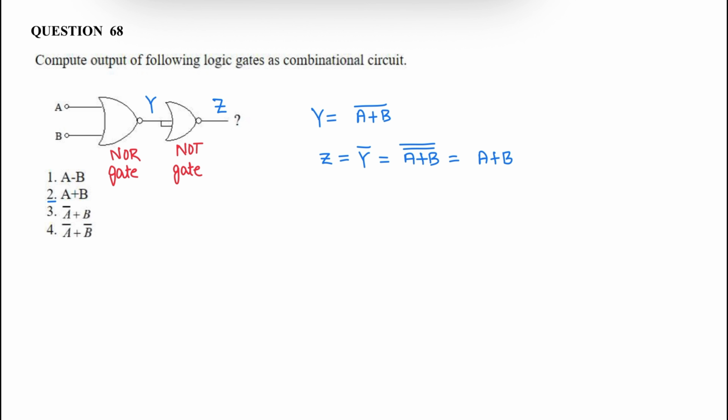So first calculate output Y. Y is equal to (A plus B) whole bar, the NOR gate output. And Z is equal to Y bar. So replacing Y, Z is ((A plus B) bar) bar, that is A plus B. So the total combinational circuit acts like an OR gate. So the correct answer is option 2.